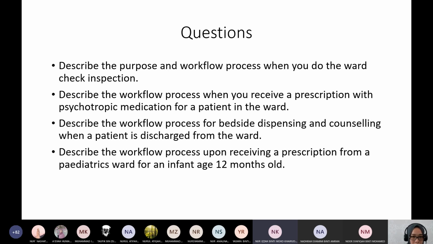So the workflow process when you receive a prescription for psychotropic medication for a patient in the ward. This is at inpatient. This is also done by pharmacists. Ward check inspection is done by inpatient pharmacists. And psychotropic, okay, what will happen when you receive a prescription with psychotropic medication for a patient in the ward? So what's the workflow process? Can someone explain the flow?